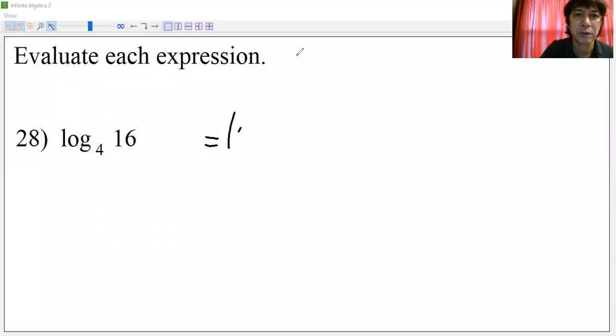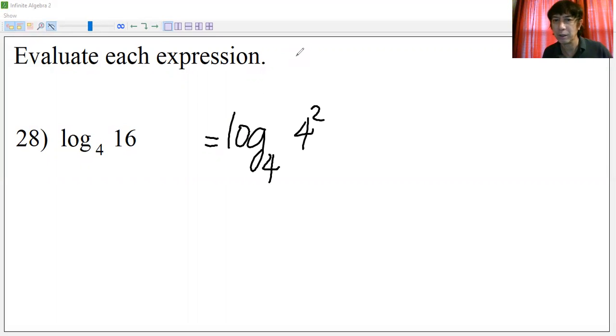This is logarithm of 4 squared, that's 16, and our base is 4. And that is clearly 2. That's the answer. And we can verify after this. Let's verify. Is it 2? Yes. All right.